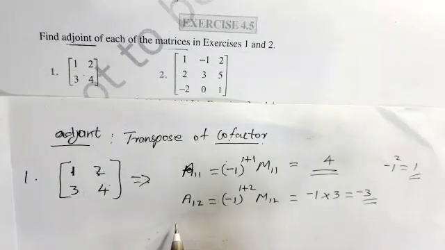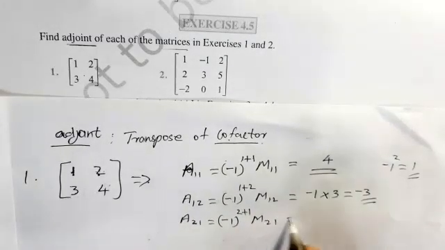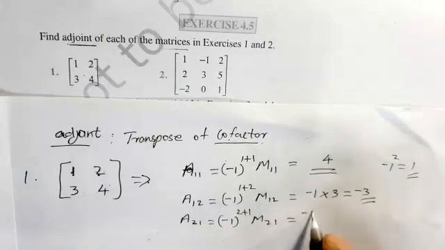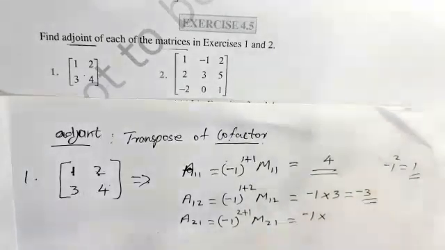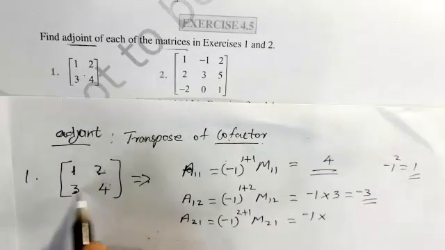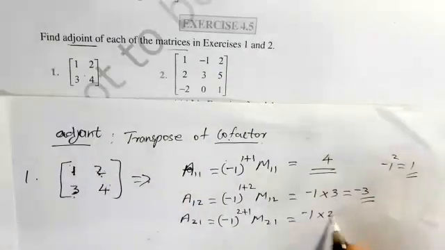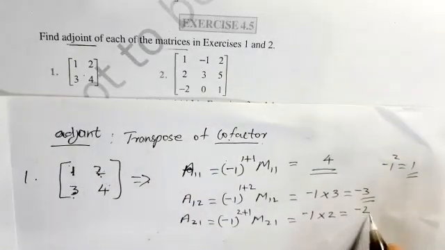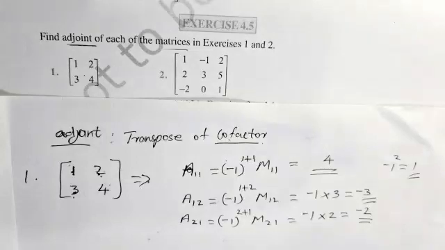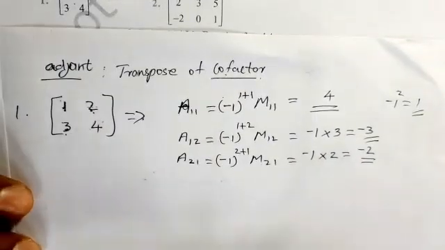Now we can find A21 in a similar way. A21 is equal to minus 1 into M21. This is that element. Deleting its row and column, we get 2. So here the answer is minus 2. Similarly, we can find the last cofactor A22.